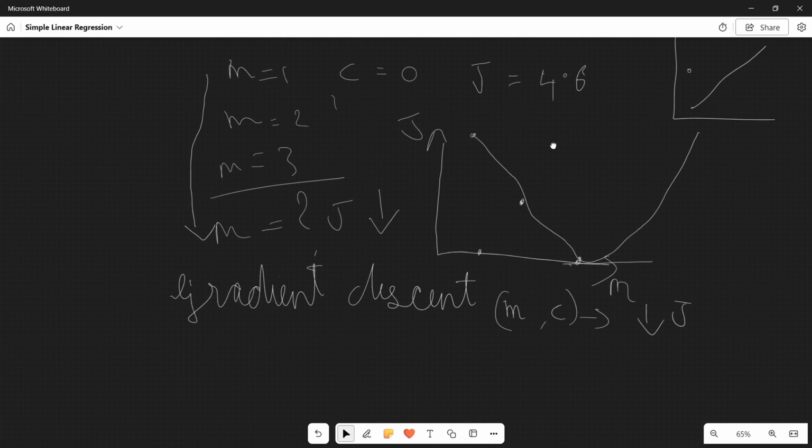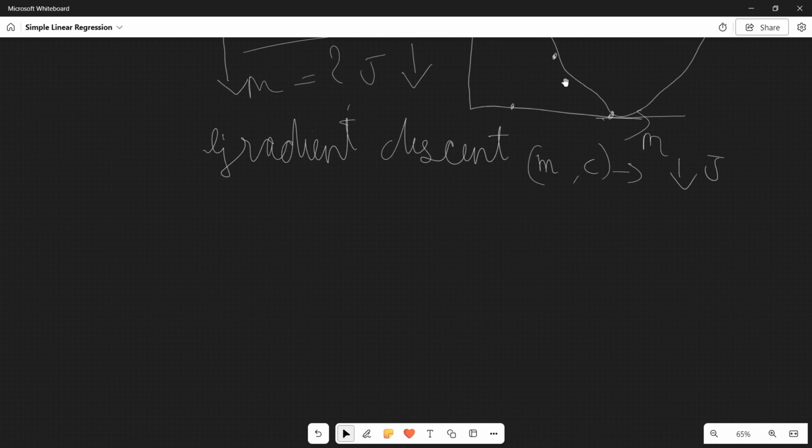So let me brush up the concepts which I have delivered to you. Given an independent feature X and an output Y, these are my actual data points.